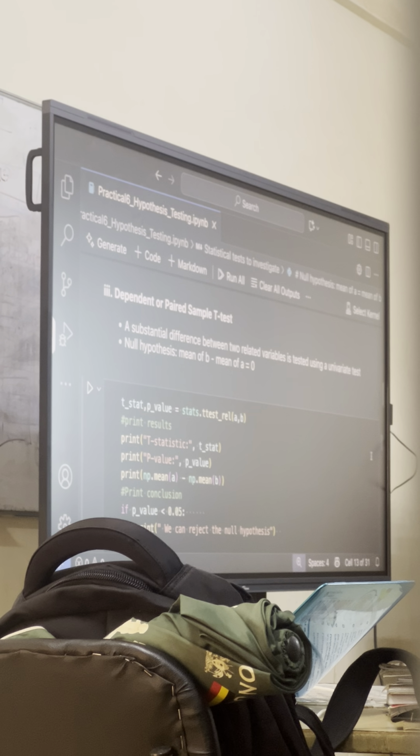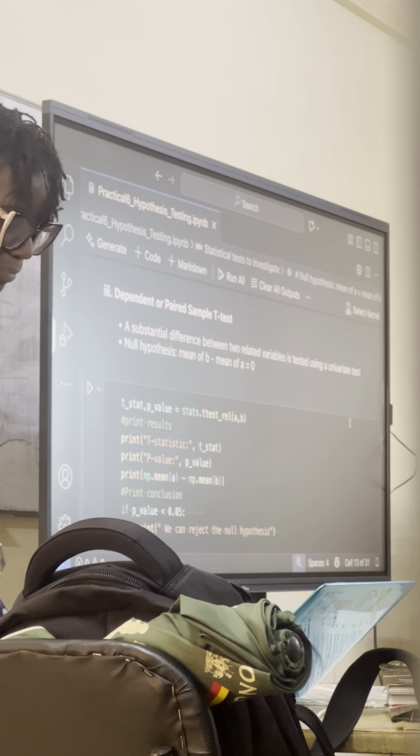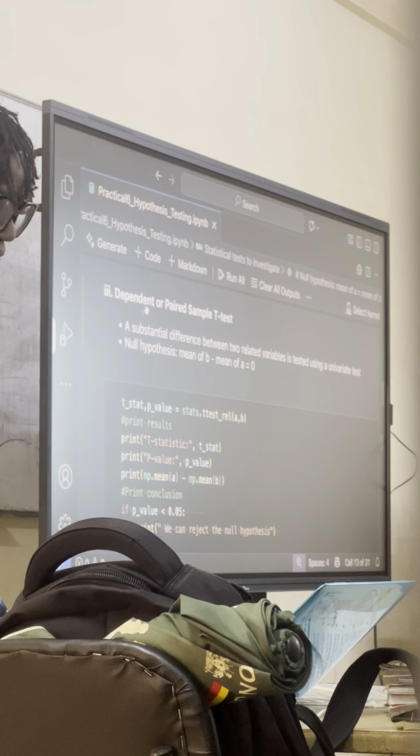So you could maybe be looking at the distribution of two variables, or looking at the relationships between two variables. Then there is multivariate as we go on, which will be multiple variables.